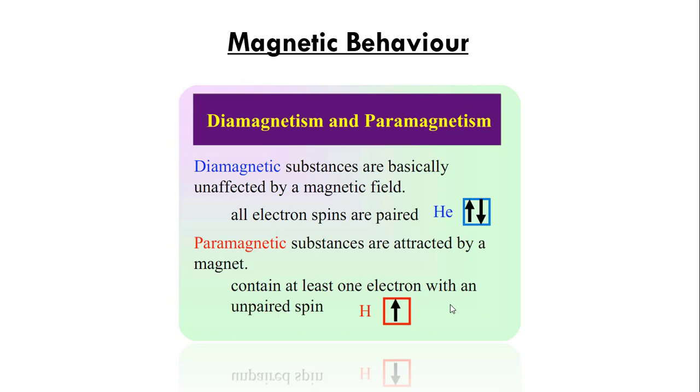What is the reason? For magnetic behavior, the electrons are responsible. Whenever the molecule has unpaired electrons, these unpaired electrons act as magnetic poles. But in diamagnetic substances, unpaired electrons are not there, all are paired electrons only.